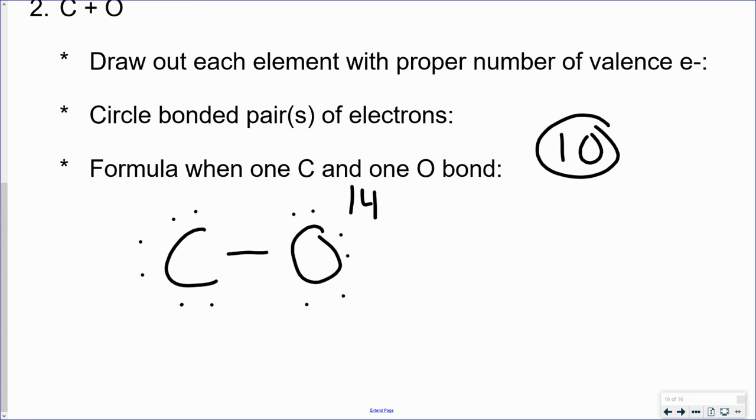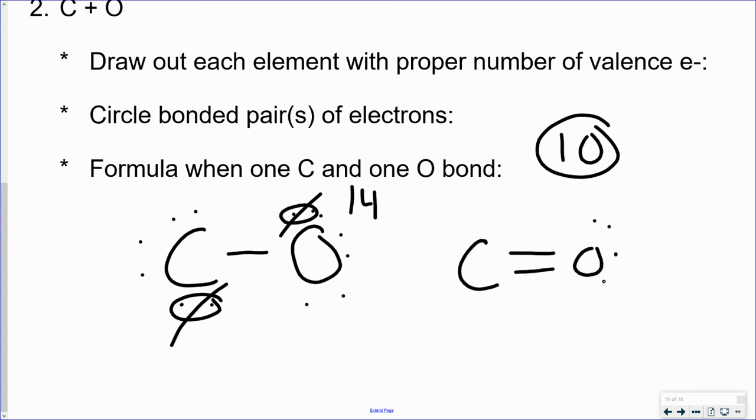Well, what do you do to reduce the number of electrons shown, but get closer to your right drawing? These and these are going to get crossed out. And what will happen is they get replaced by an additional bond between the C and the O. And then we'll count again.